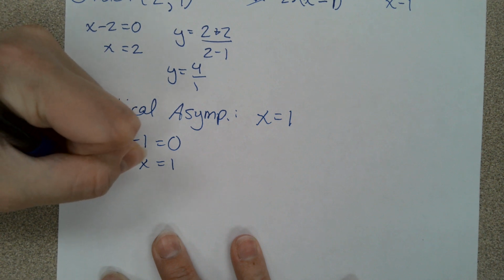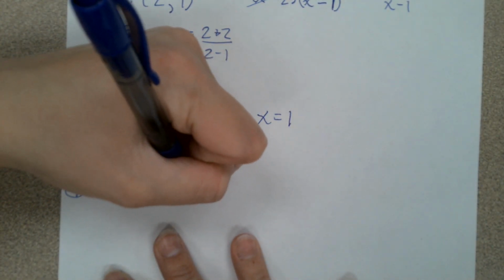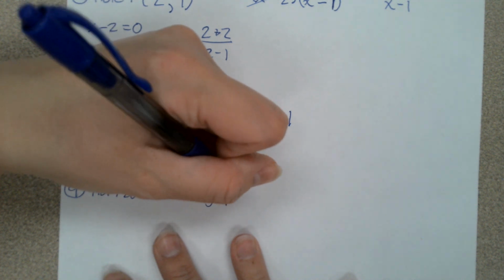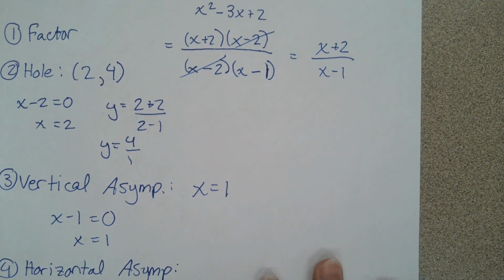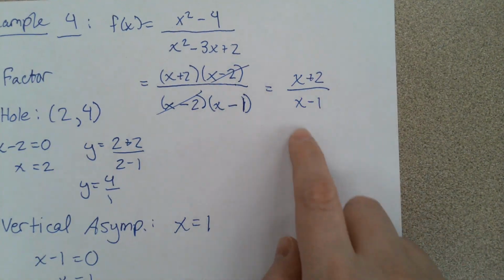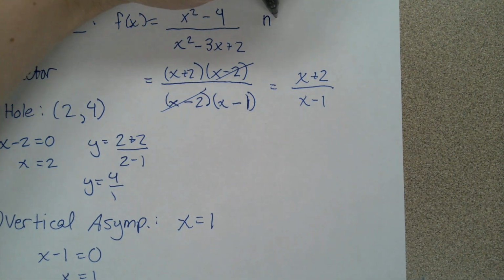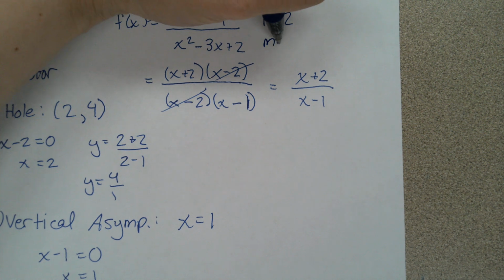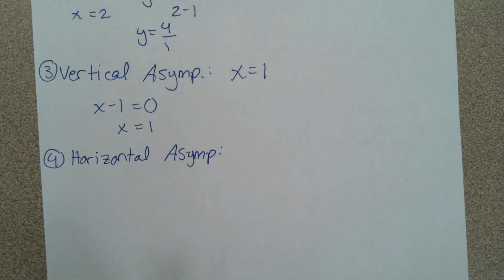Horizontal asymptote comes from the degrees of the numerator and the denominator. So let's look. Again, we use the original here, but you'll get the same answer with the other one. So this one's just to be safe. So here on the top, n is 2 and m is also 2. When they are the same, that is case number 2 on our paper.